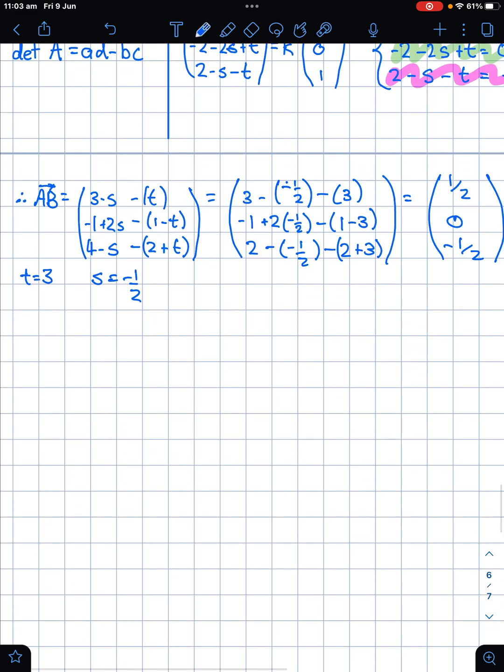And so now we will just figure out the length of this, and we would just use the norm in our calculator and do this vector a half, 0, negative a half.